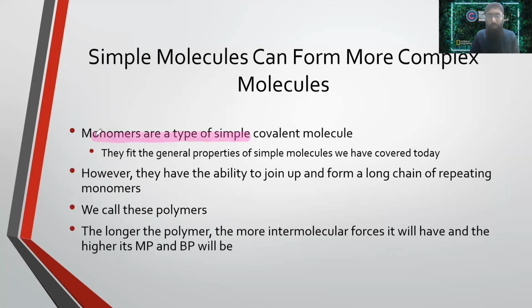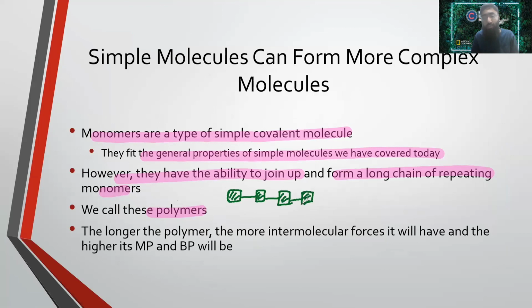Monomers are a type of simple covalent molecule. They fit the general properties of simple molecules we have covered today. However, they have the ability to join up and form a long chain of repeating monomers. We call these polymers.